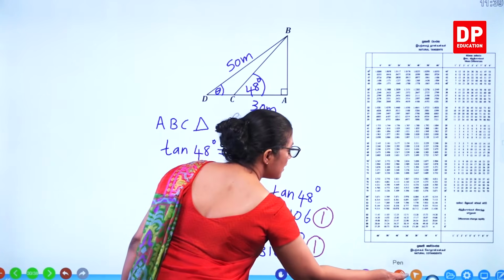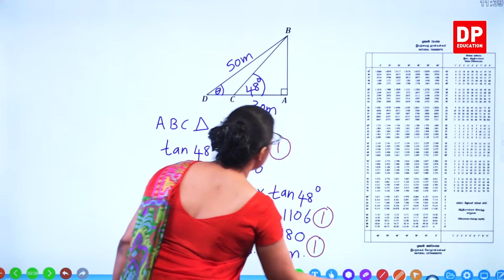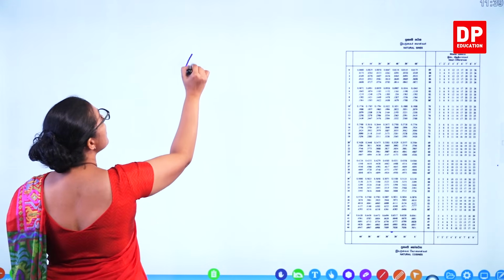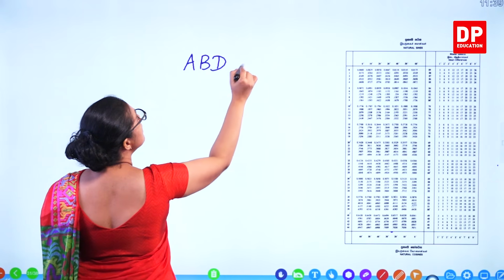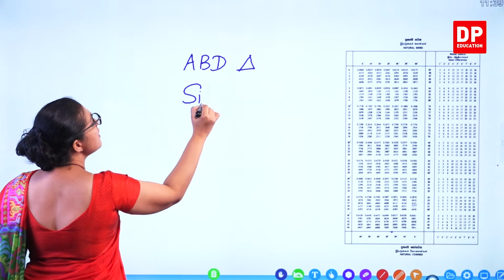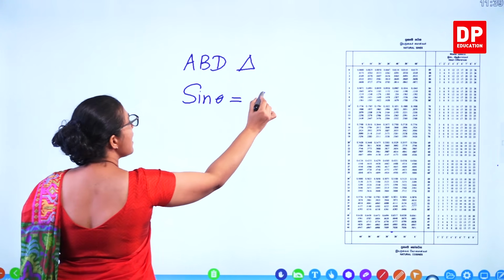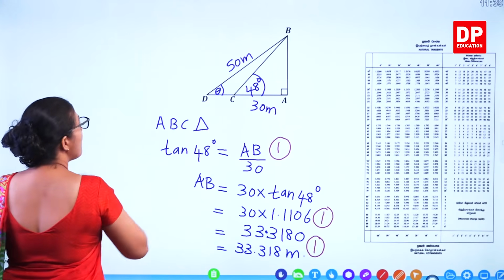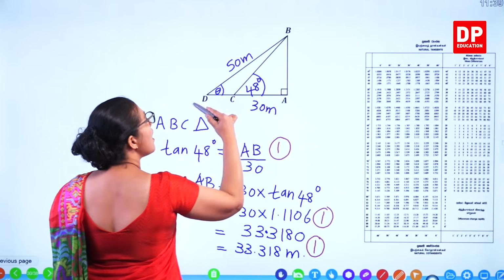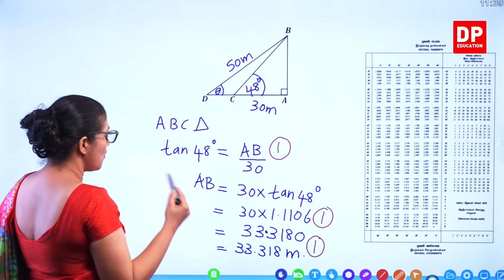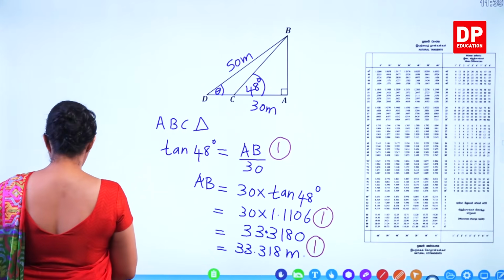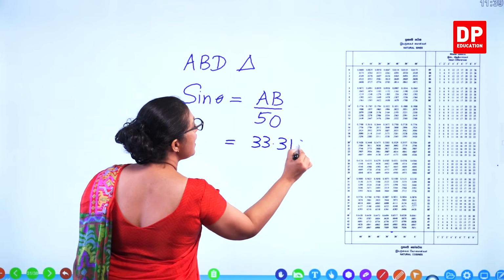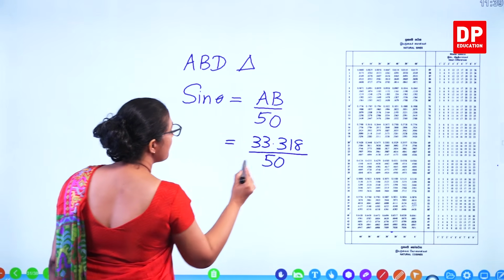So we'll consider the other triangle now, triangle ABD. In triangle ABD, we know sine theta is AB over 50 because opposite is AB, hypotenuse is 50. What is AB? 33.318. 33.318 divided by 50.